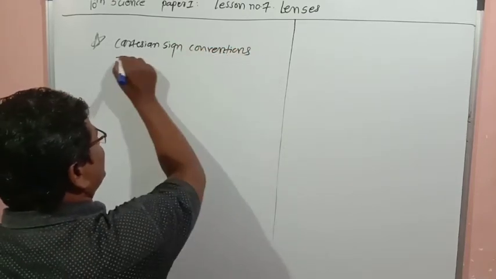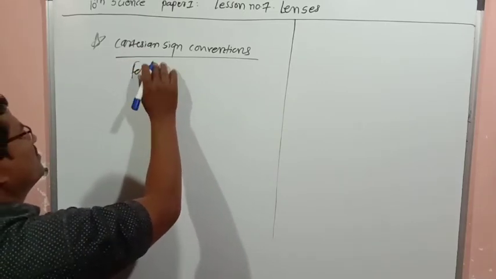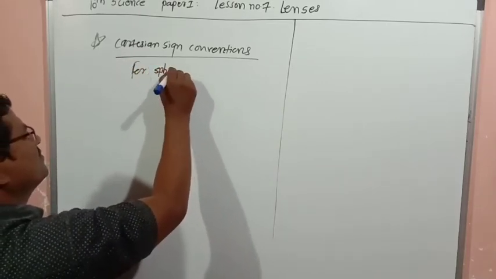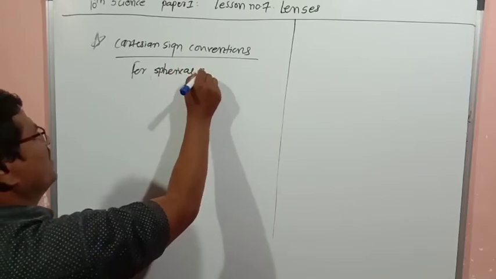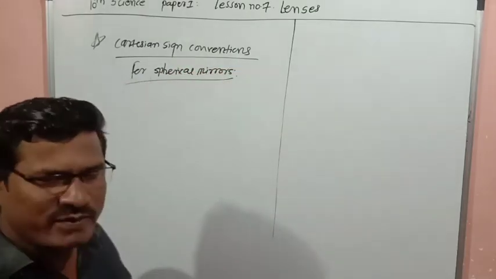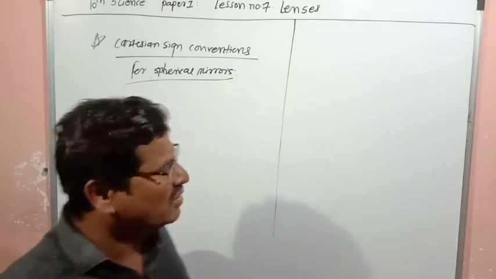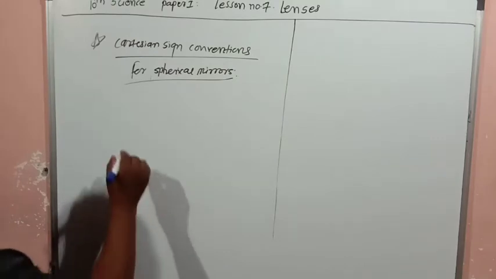Cartesian sign conventions for spherical mirrors. If you understand it for the spherical mirror, then it is very easy to understand for the lenses. That's why I am taking the revision of that one.